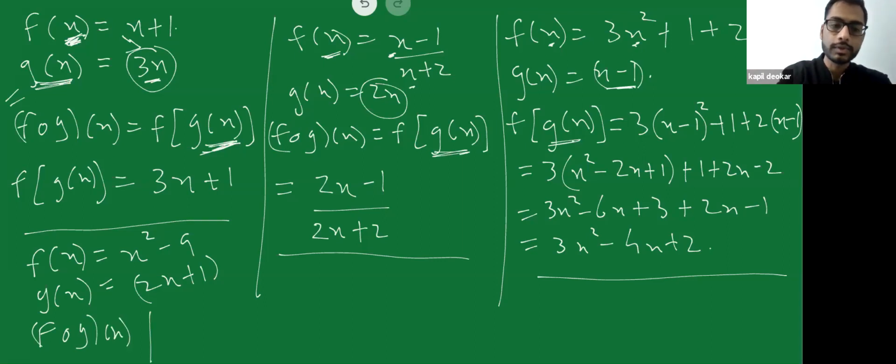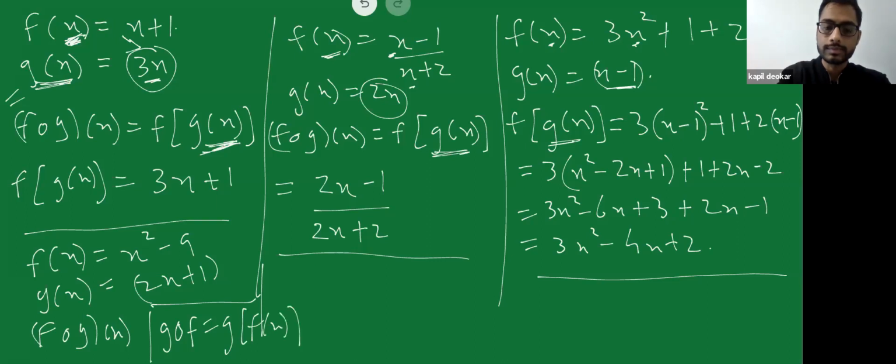Also, I want you to be more creative, and if you have really understood, find value of GOF, that is g of f of x. Okay, so let's start. You have 2 minutes to copy this down and solve this question. If you have any doubts, ask your doubts. If you need any help in a step, I can tell you.